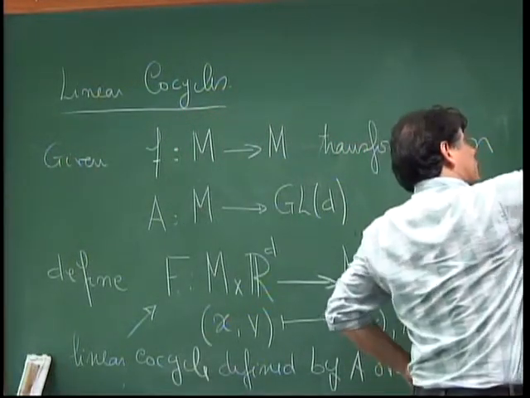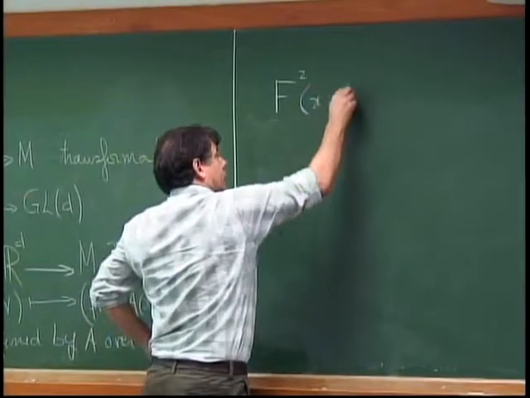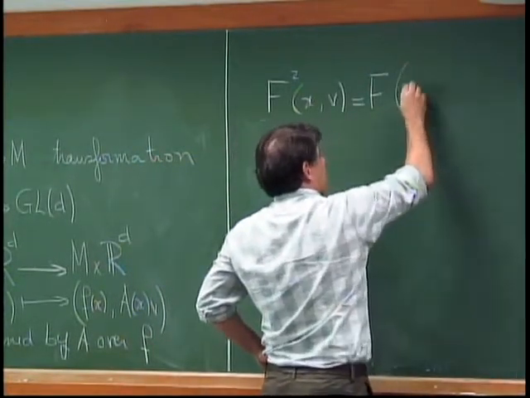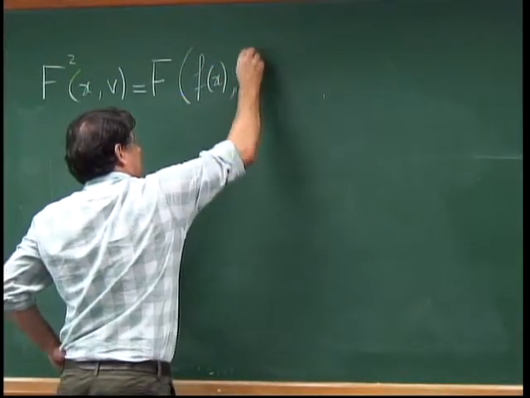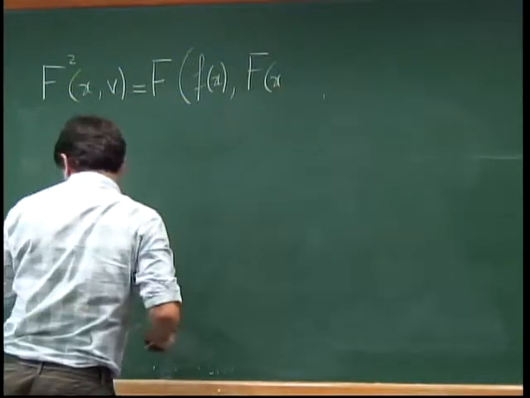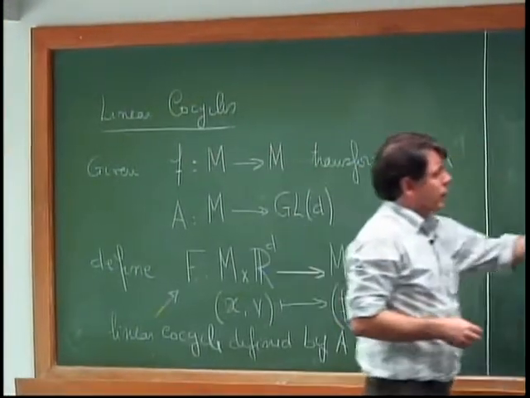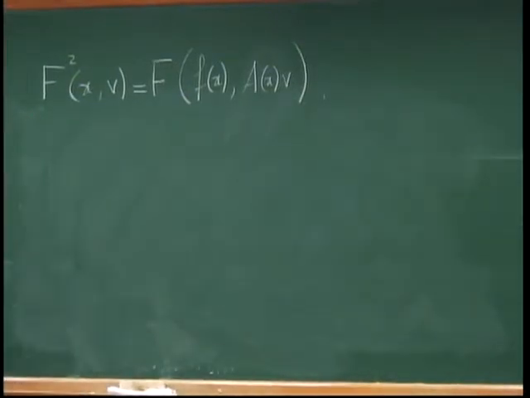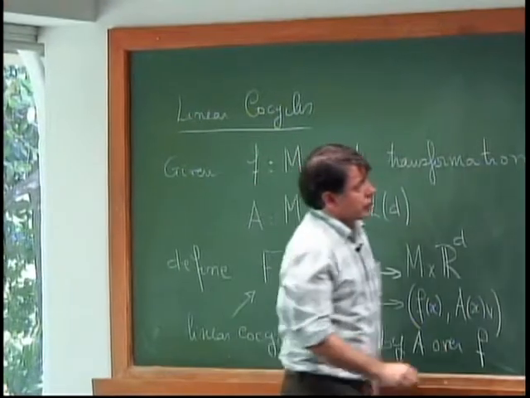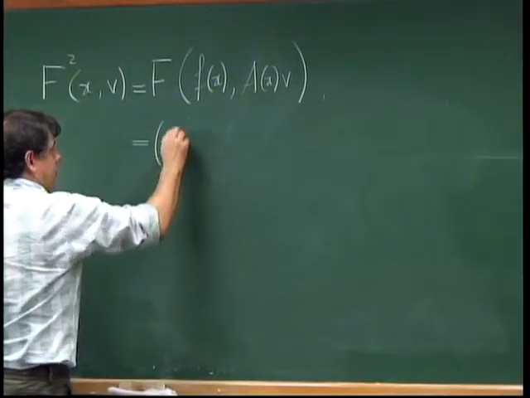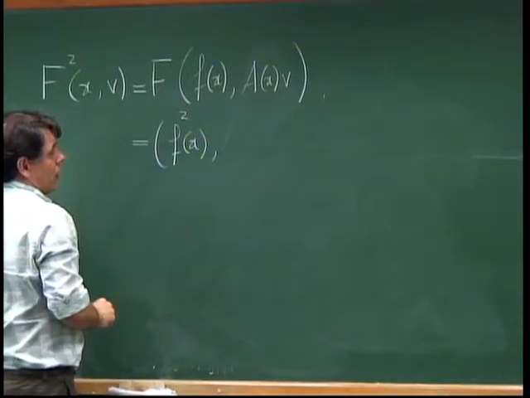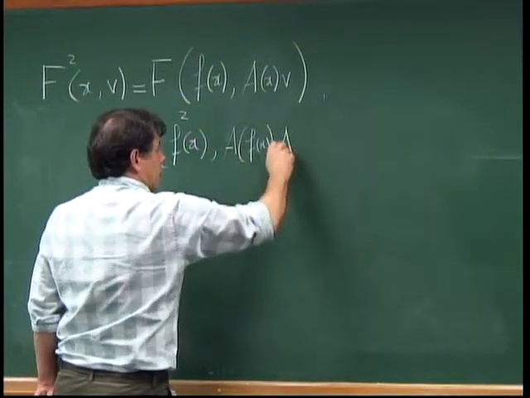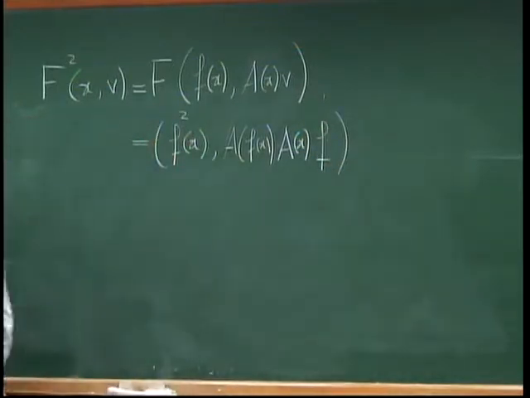Observe that if you iterate twice, you are calculating this, which, using the definition again, is the second iterate of f here, and then here is A of f of x applied to the vector A of x, v.